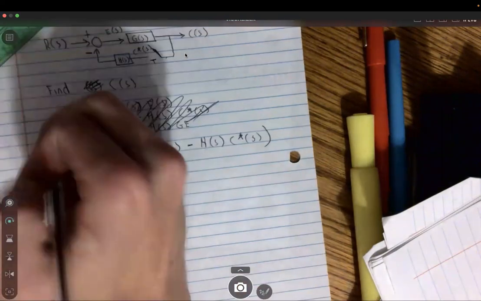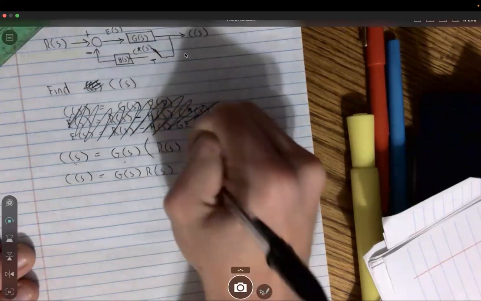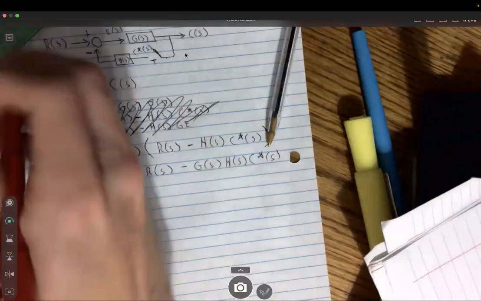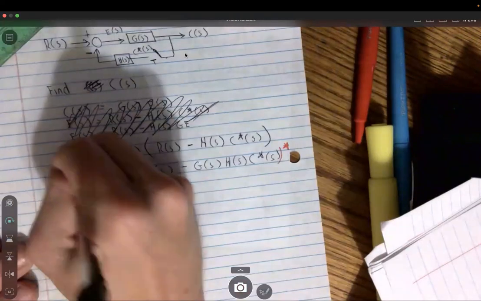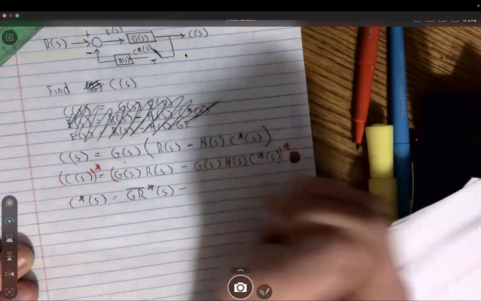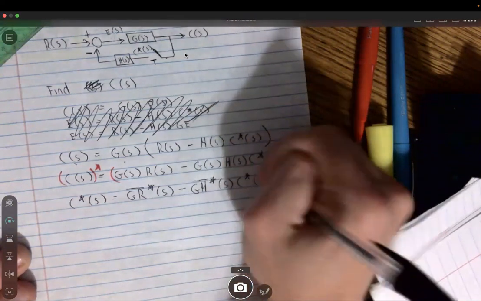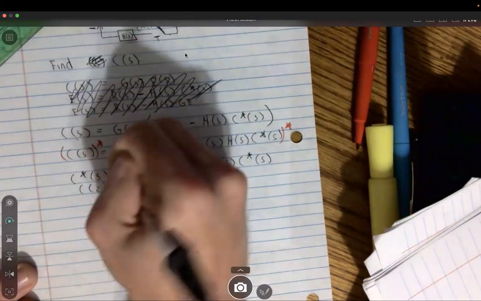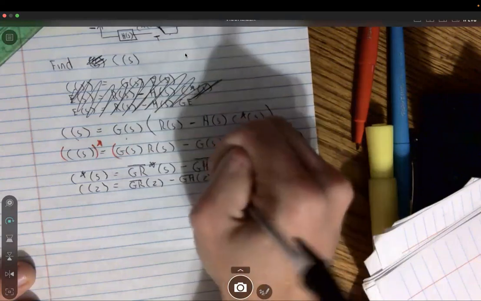So C of S is going to equal G of S, R of S, minus G of S, H of S, C star of S. Taking the star transform of both sides, we get C star of S equals G R star of S minus G H star of S multiplied by C star of S. Now taking the Z transform, we get C of Z is equal to GR of Z minus GH of Z, and then C of Z.